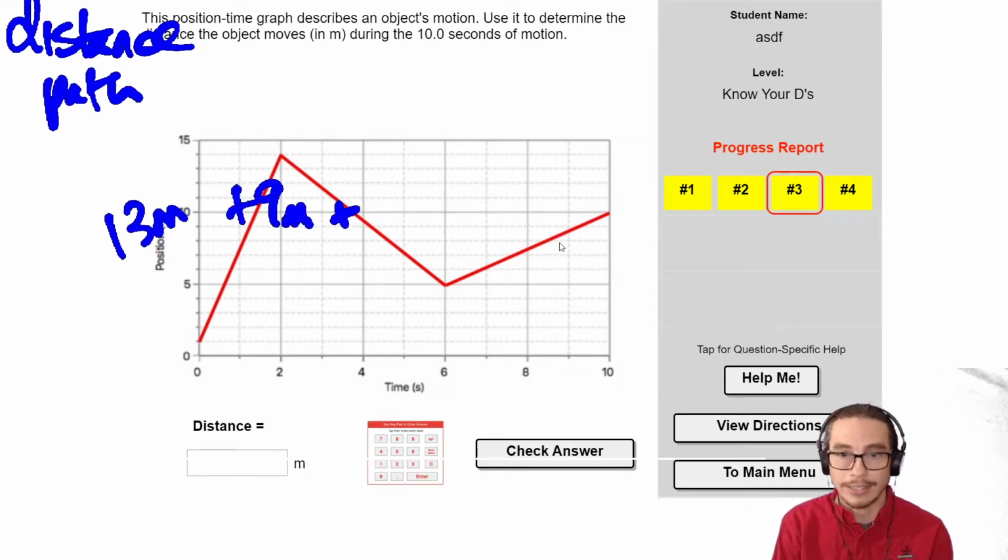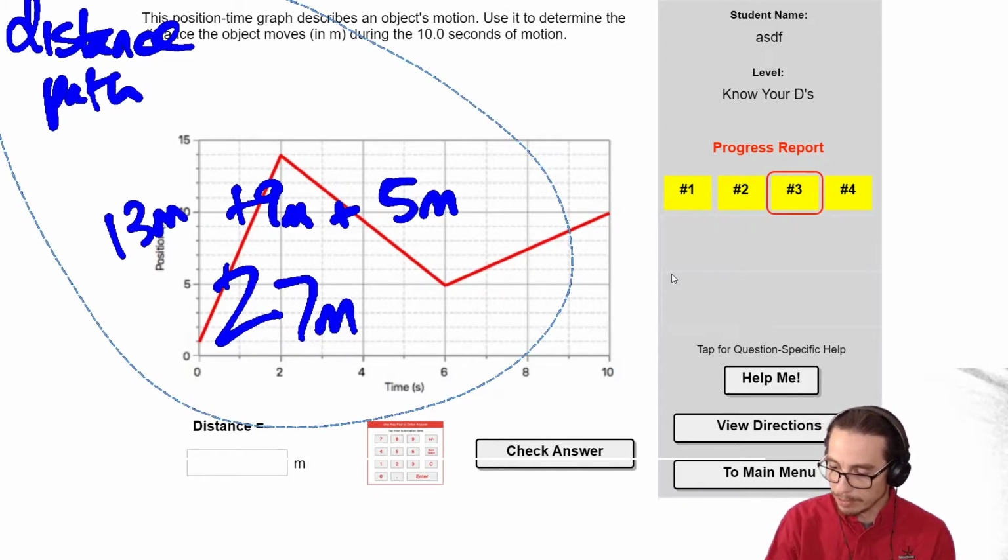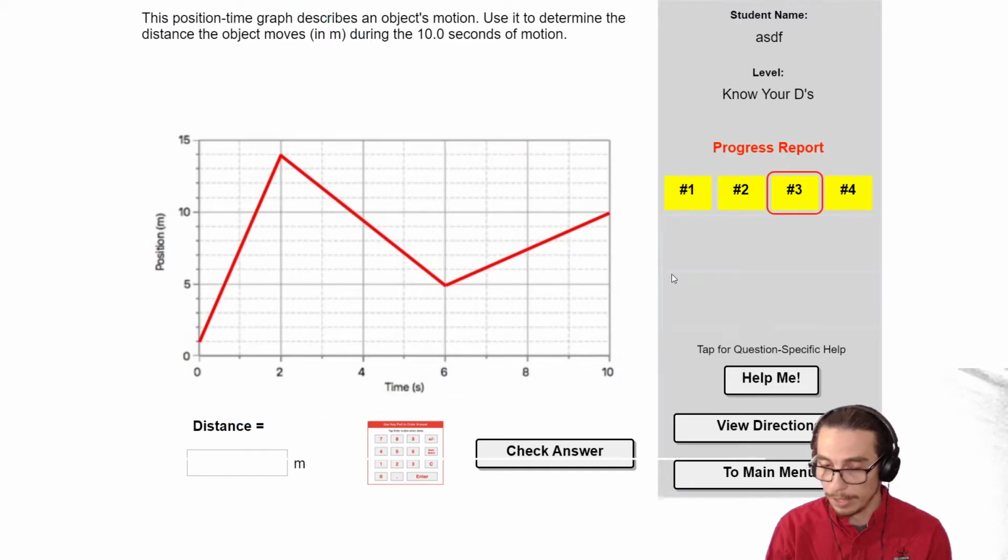And then the last segment, it's going from 5 to 10 meters. So that's another 5 meters. I add those all up, and that's my answer for distance. So for distance, I have to add up all the distances the object went through.